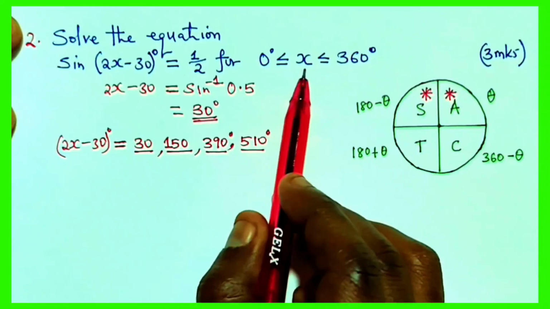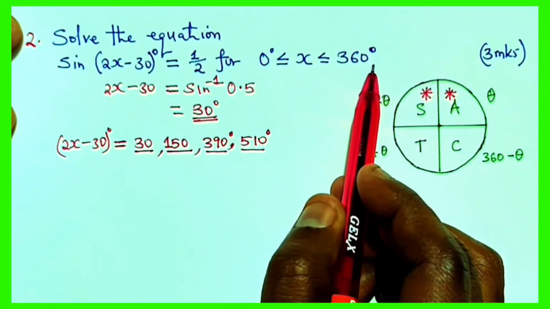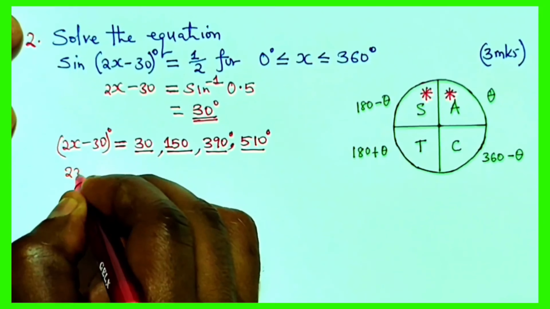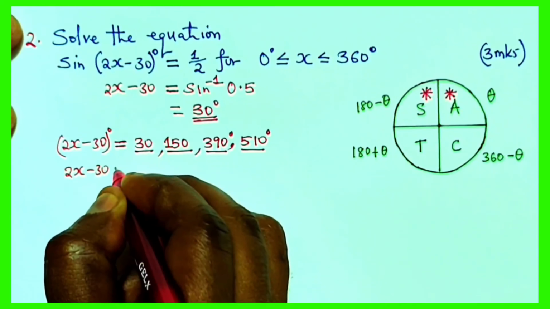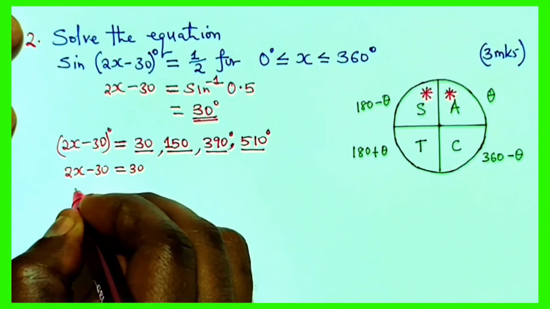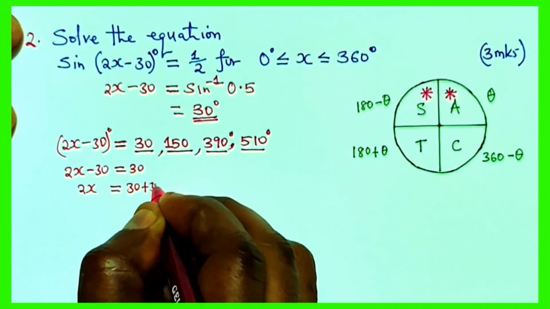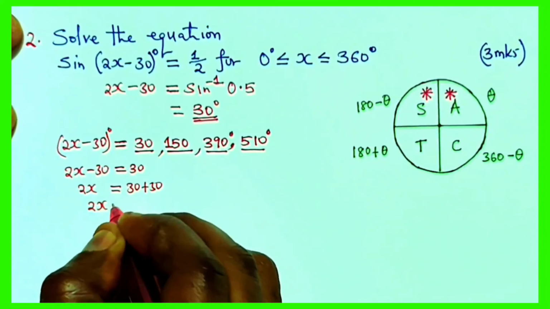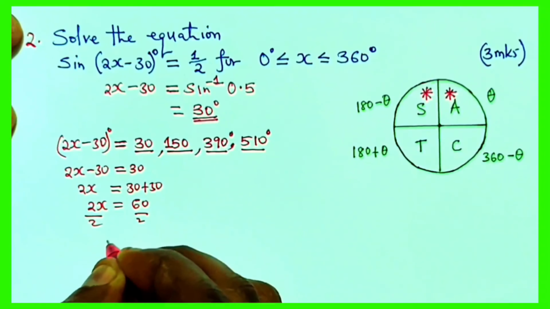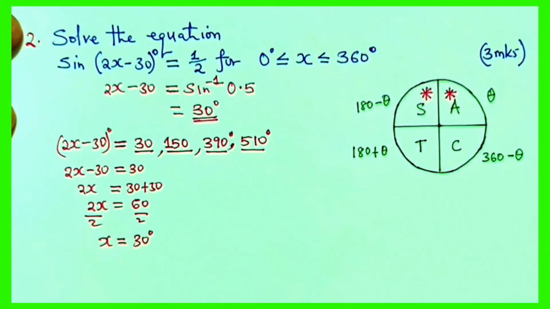We can now consider finding the value of x, which is supposed to be between 0 and 360 degrees. So we'll start by saying here that 2x minus 30 degrees will be equal to 30 degrees. And therefore 2x will be equal to 30 plus 30 degrees. So 2x will be equal to 60, and therefore when you divide both sides by 2, the first value of x will be equal to 30 degrees.